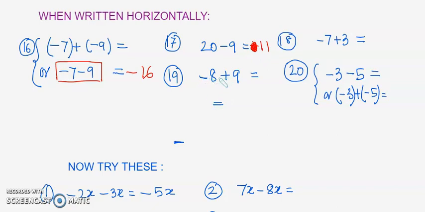Now -8 and +9, so positive sign, and 9 minus 8 is 1. -7, +3, so 7 is the greater number of the two, so give the minus sign, and then 7 minus 3 is 4. -3 and -5, both the signs are same, so it will be -8.